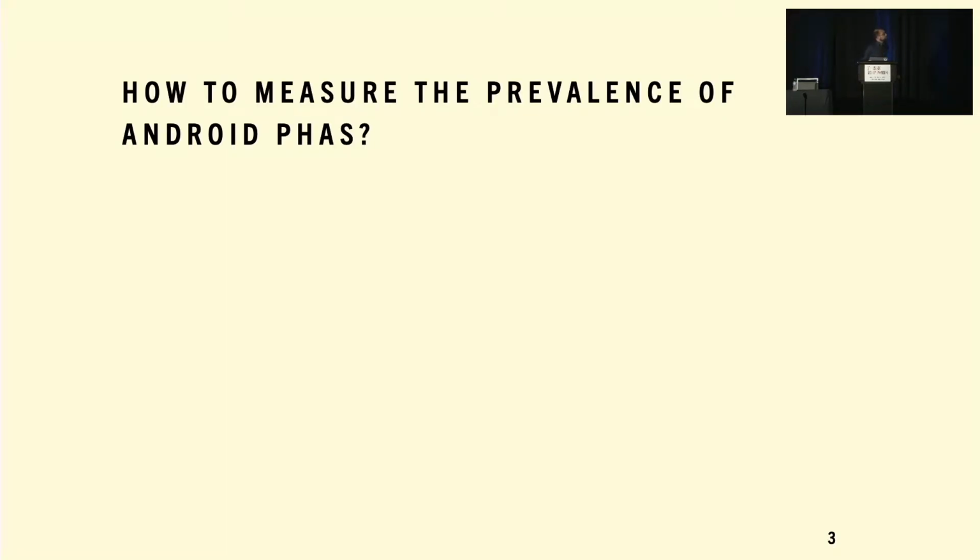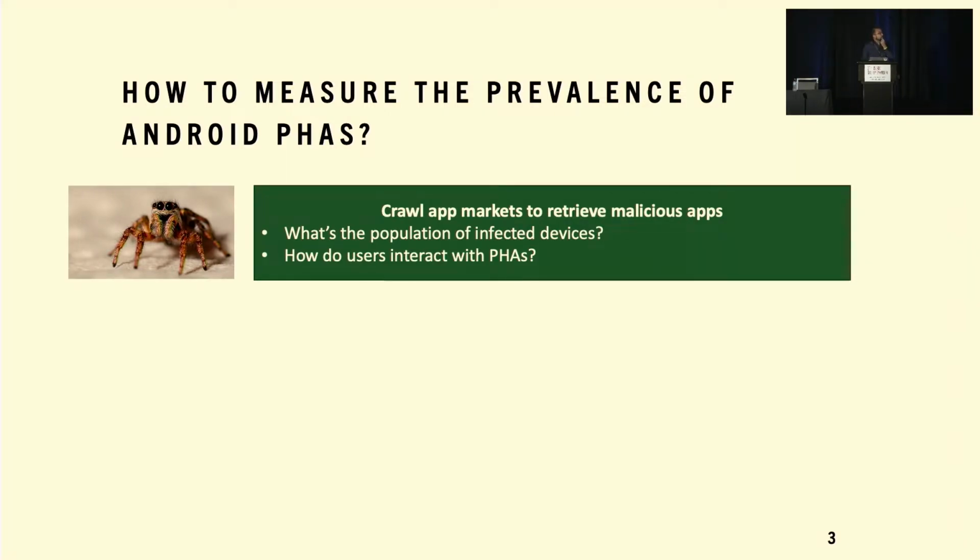Now, the security research community has been studying the problem of malicious apps on Android for a while. And to do that, they've been following three main research directions. The first one is looking at app markets, so crawling apps from app markets and performing analysis on the apps downloaded and on the metadata from the markets.